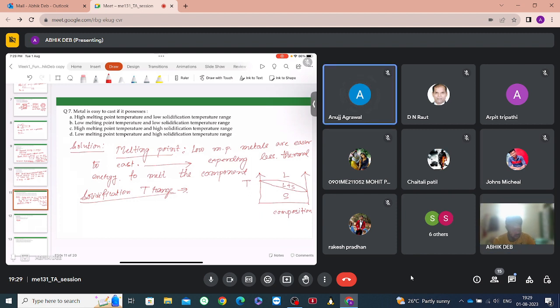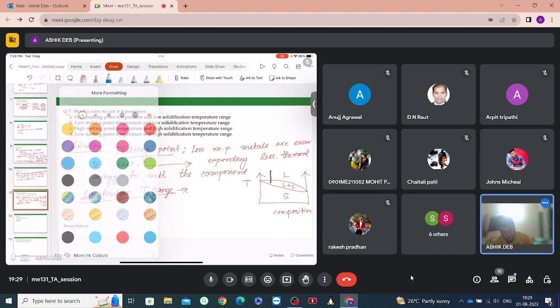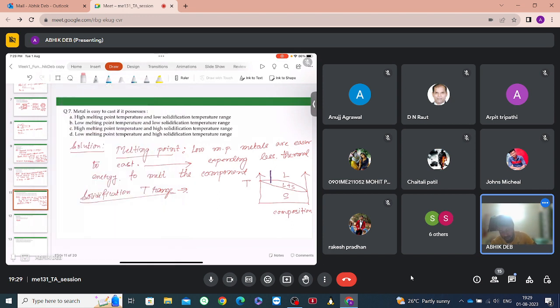Yes, sir. So at any particular composition, when we are decreasing the temperature like this, what will happen at these two points?